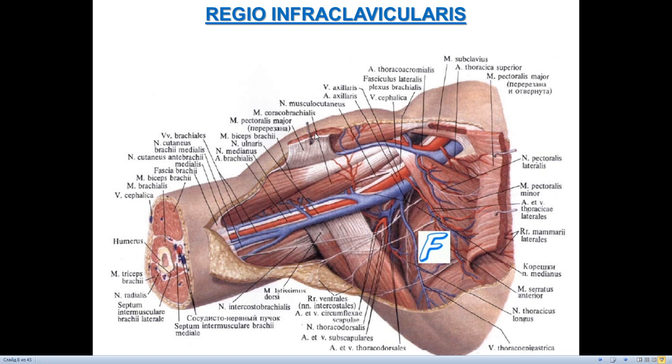Its external part forms the ligament that supports the axillary fossa, ligamentum suspensorium axillae, because it pulls the axillary fascia to the clavicle and fixes it in such position.